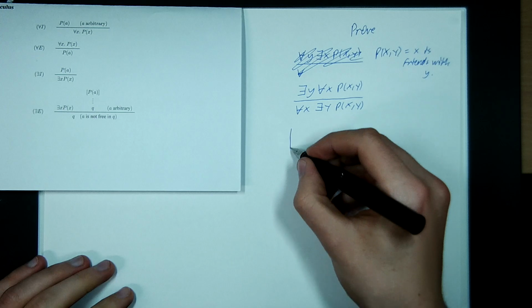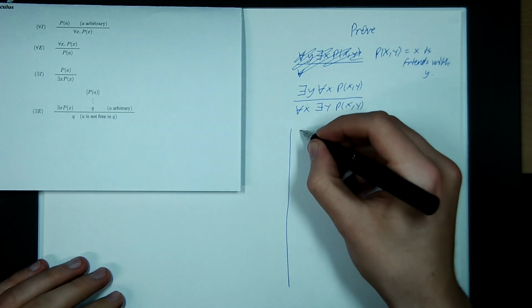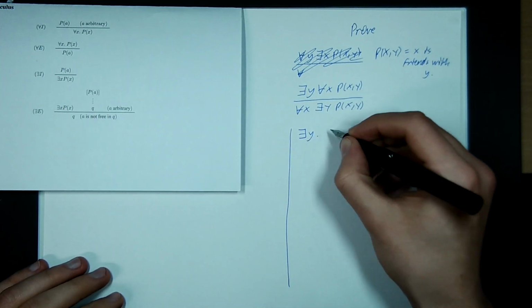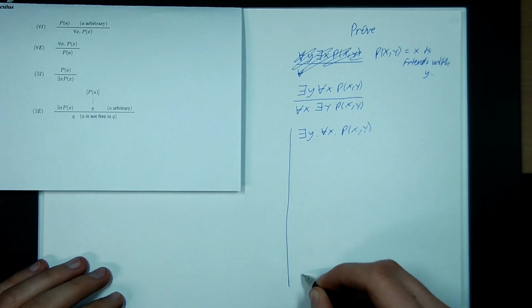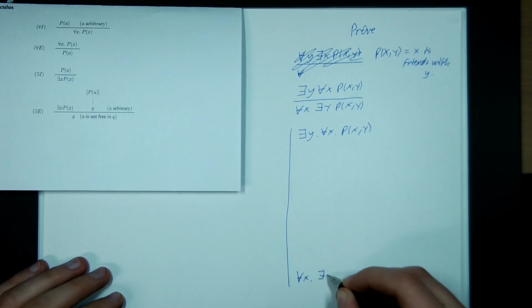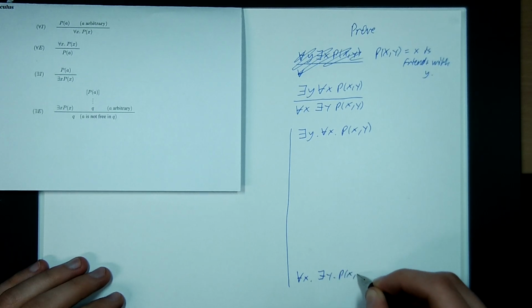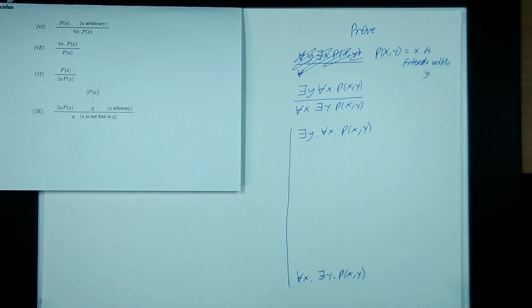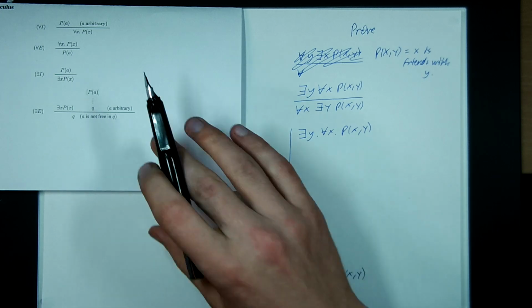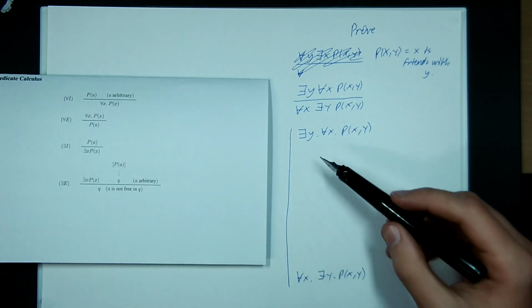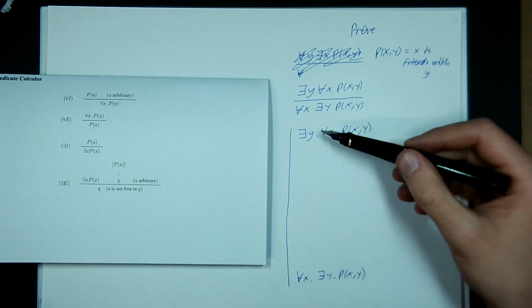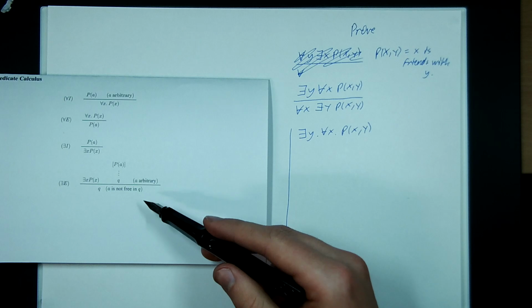Okay? So we write the thing we want at the bottom and the thing we're given at the top, like we normally do. And here's how I tackle these problems. I break up the for alls from the bottom using for all introduction backwards, and I break up the existences from the top working down by existence elimination.